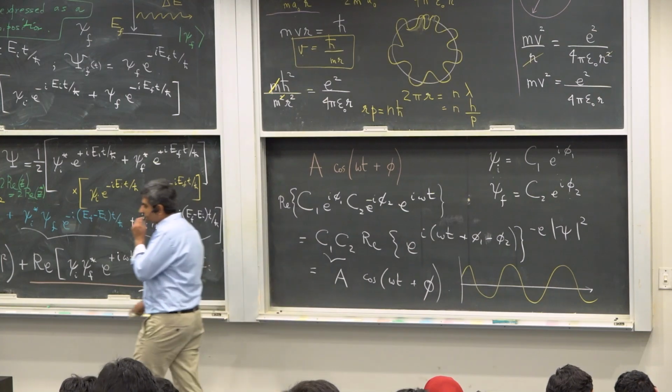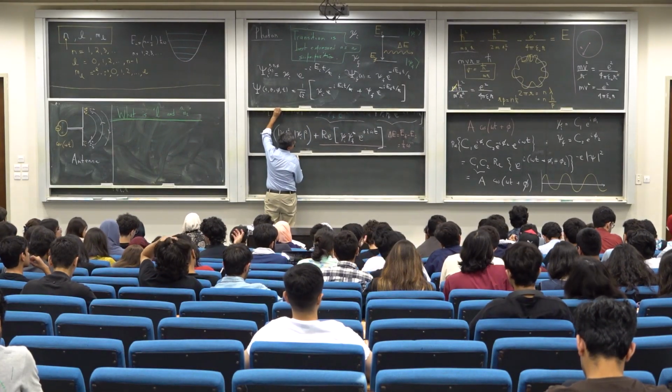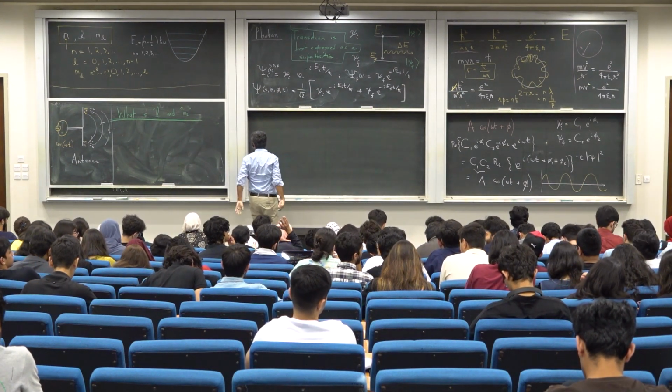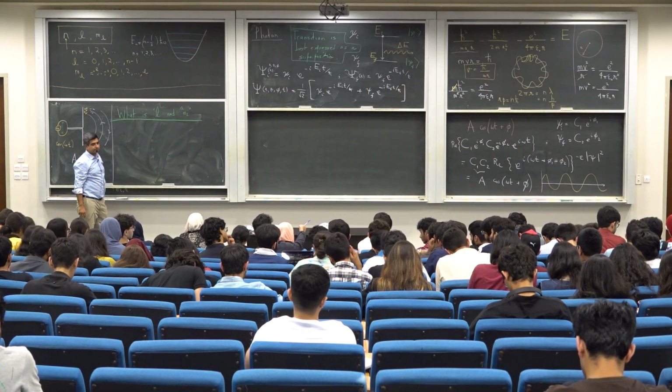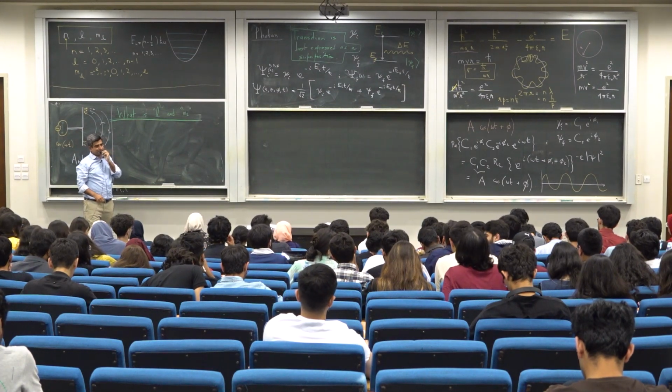Yes, please. Sir, go to the middle word. When we go to the middle word, you only write the real part of psi i and psi f star. So why don't we count the psi i star and psi f expression? So you can take either the real part of this or this. It is the same.